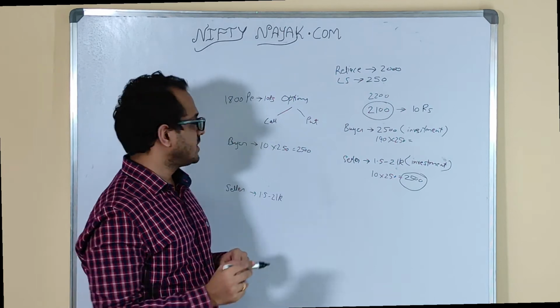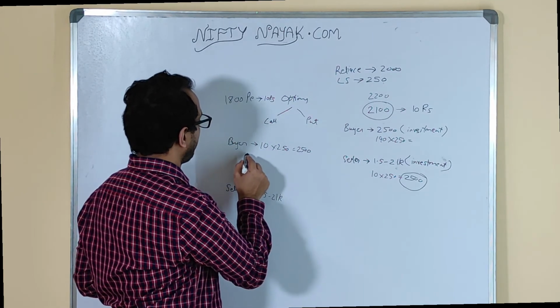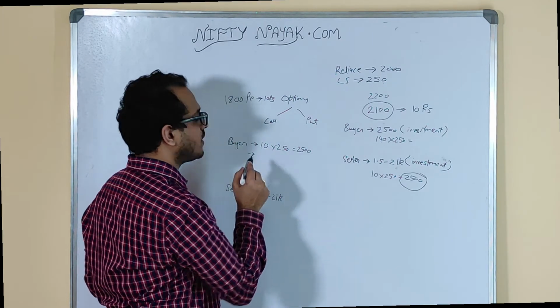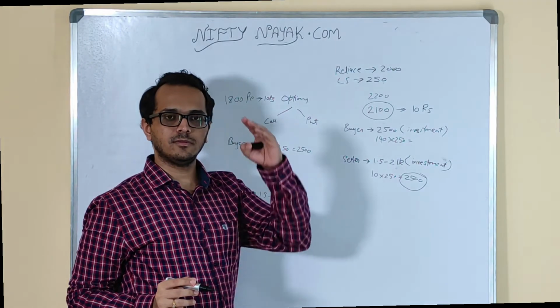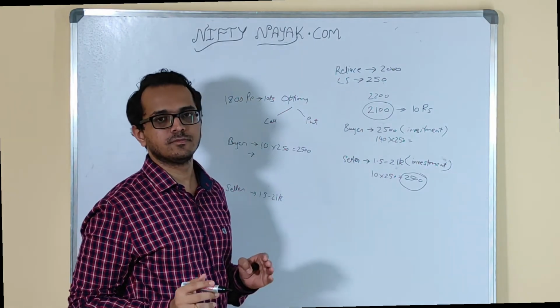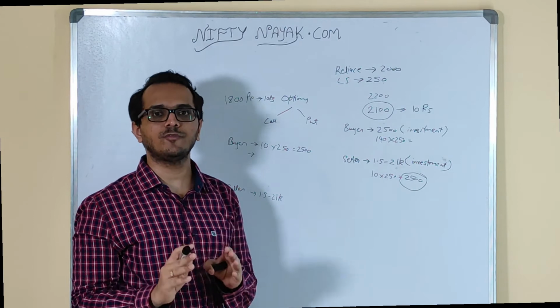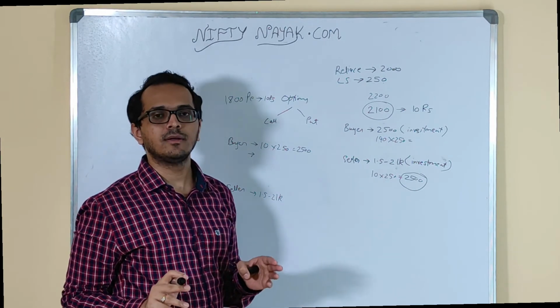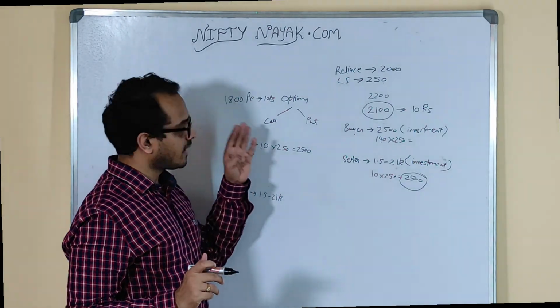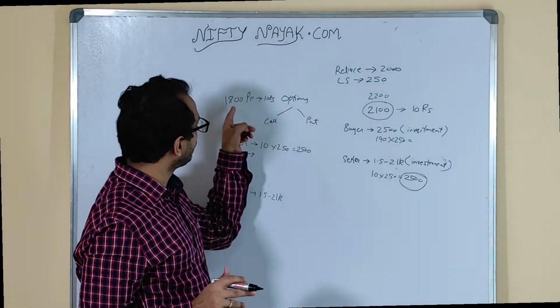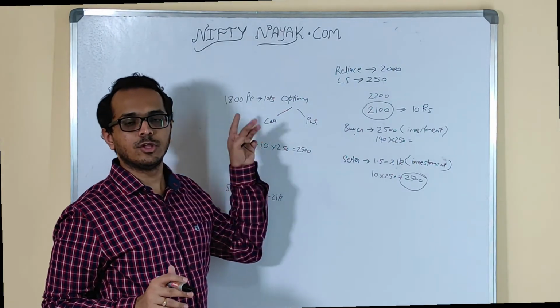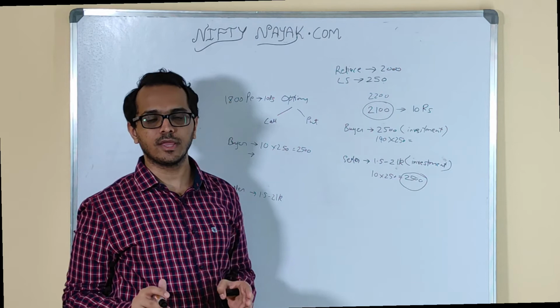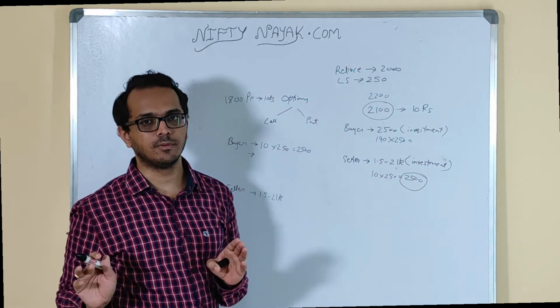The profit potential of a put buyer will be high when the stock falls. The more it falls, the more will be his profit. But on expiry, Reliance has to close below 1800 in order for a put buyer to end profitable.